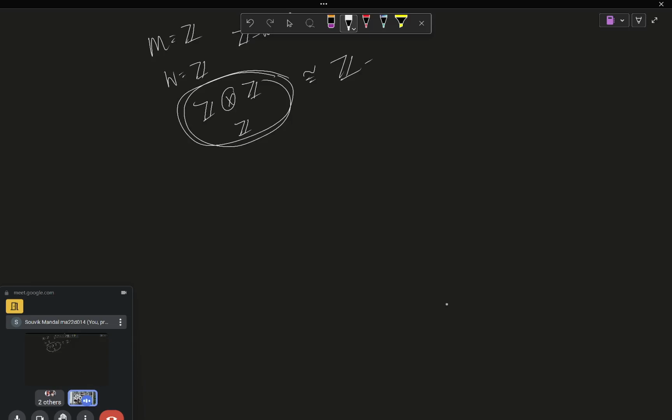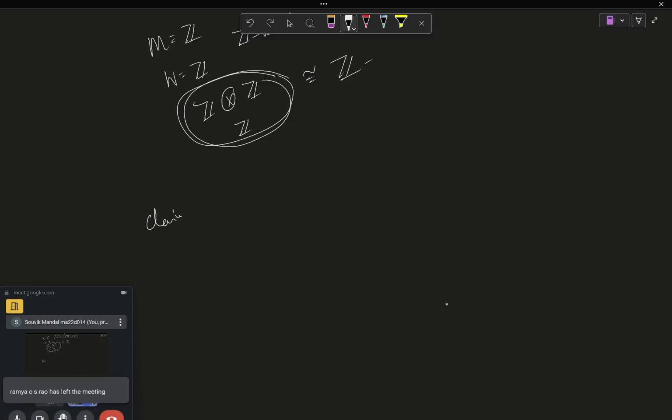So the thing is, Z tensor Z is isomorphic to the known ring of integers capital Z. Do you understand? This is what we will now prove.